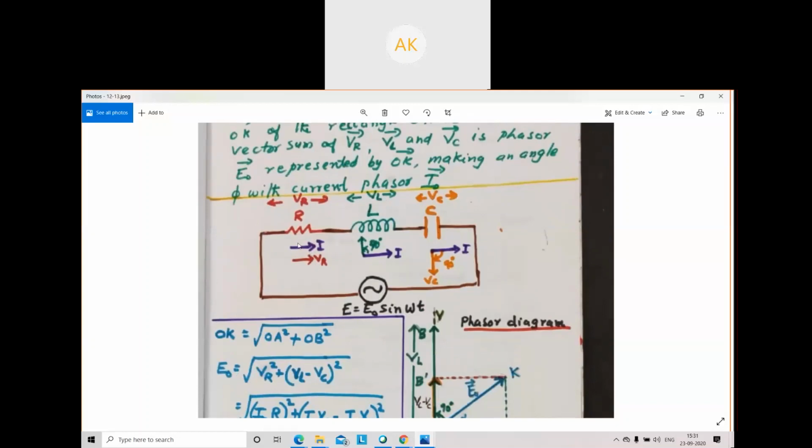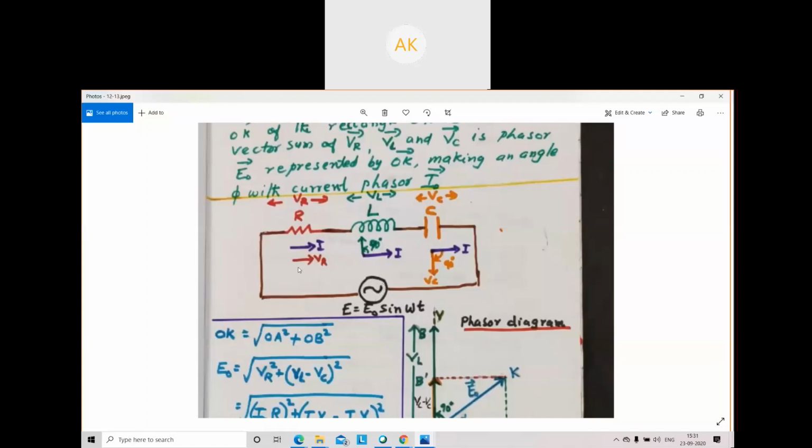A resistor, inductor, and a capacitor are connected in series, and it is connected to a source of EMF. Actually, the expression omega t plus phi is there. I will tell you later. So here EMF is connected.